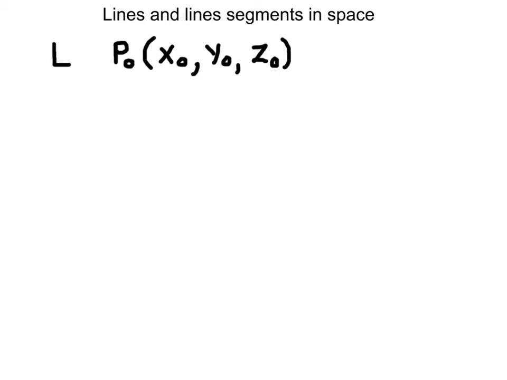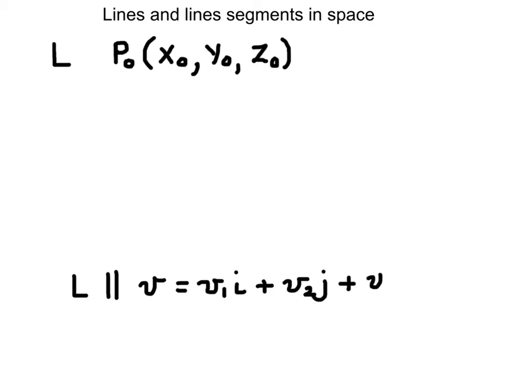And our line, L, is parallel to the vector v, such that v is v sub 1 in the i direction, plus v sub 2 in the j direction, and v sub 3 in the k direction.